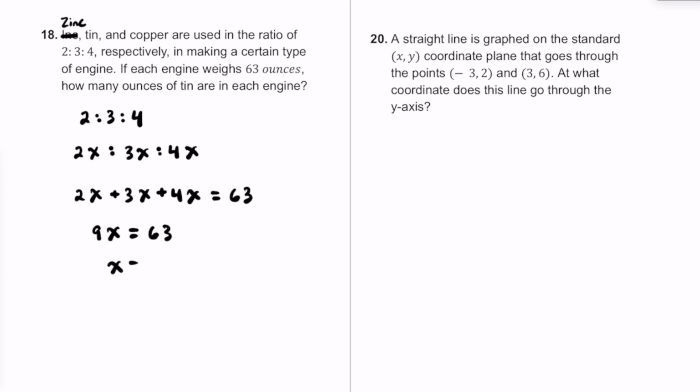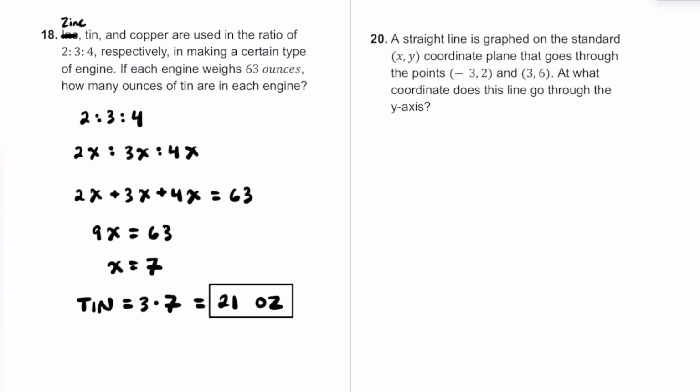So then x on its own must be equal to 7. Now, if the question is asking about tin specifically, tin is going to be that middle one. So the middle one we're talking about is the 3 or the 3x. And so if we know that x is equal to 7, then for the tin, it would be 3 multiplied by 7. So we know it's going to be 21 ounces.